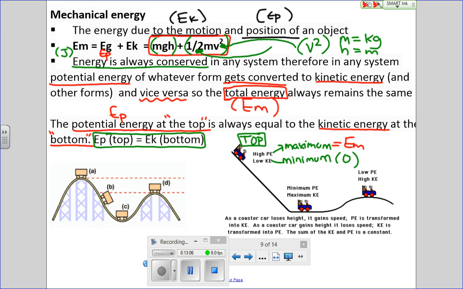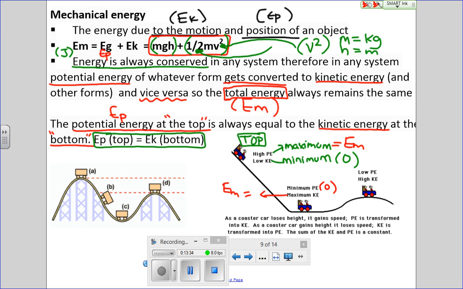Now the same will be true at the bottom. At the bottom, you have minimum potential energy, so we'll say 0, and you have maximum kinetic energy, and your kinetic energy will be equal to your mechanical energy.